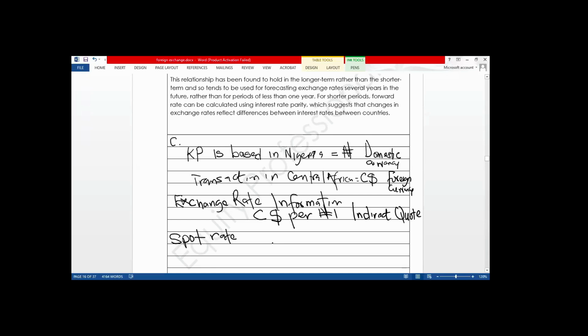We now have the spot rates, 1.7818 to 1.7822. Examiner will always give you two rates.